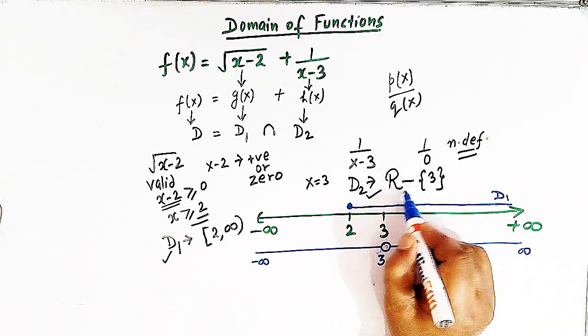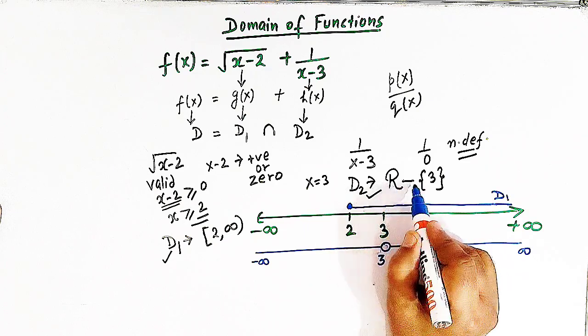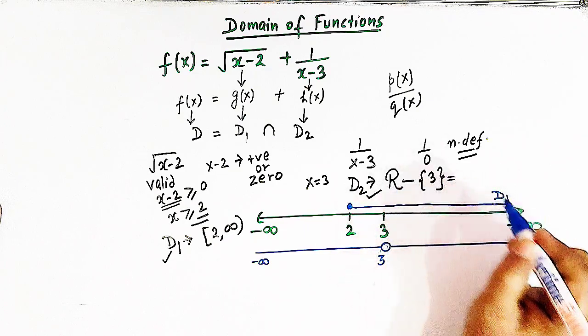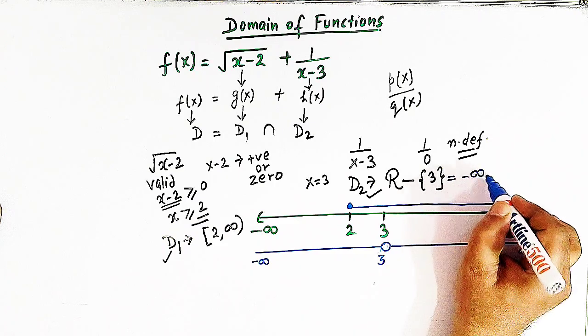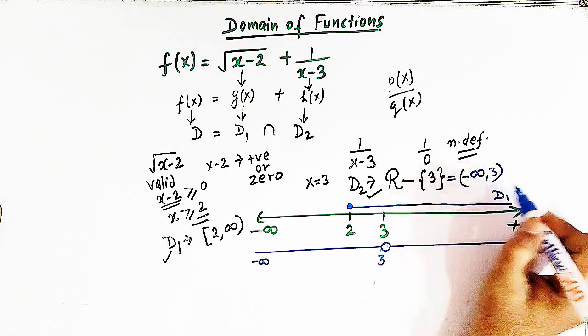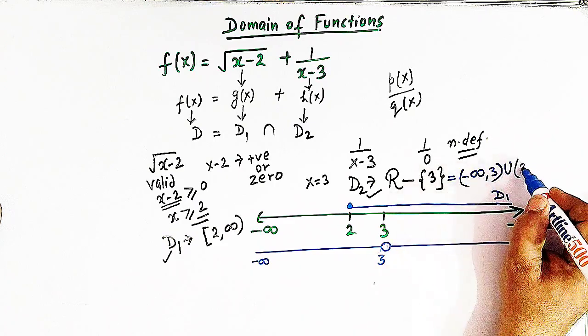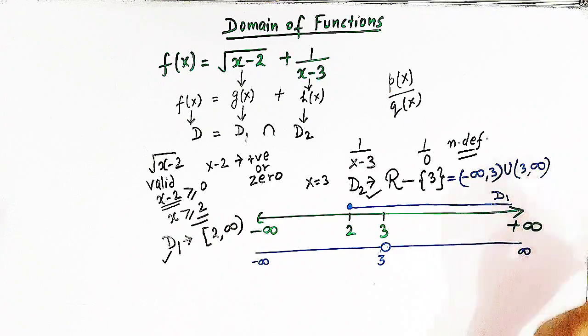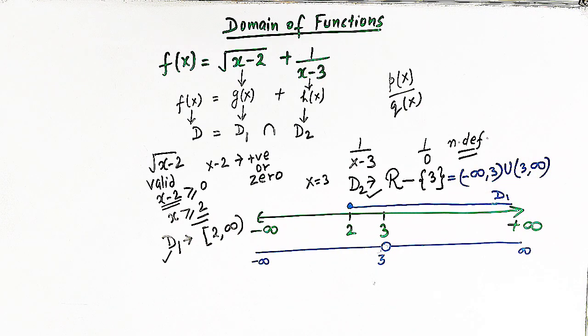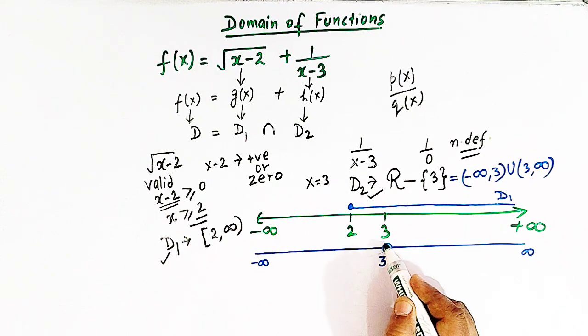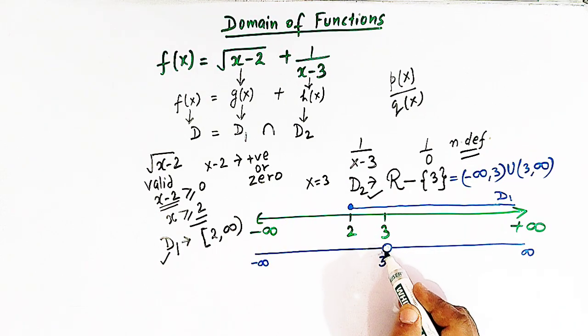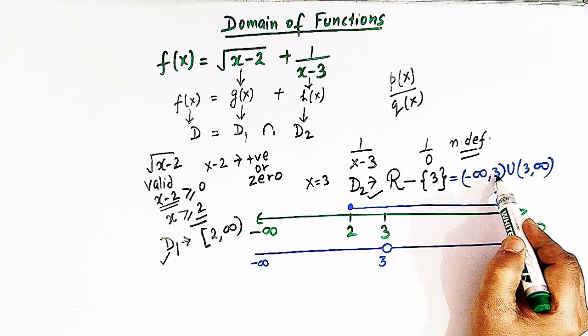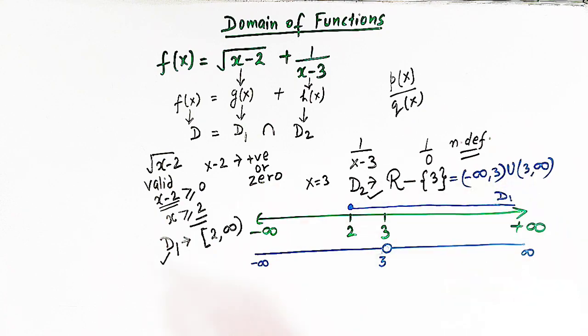So R minus 3 can also be written as the interval minus infinity to 3, union 3 to infinity. Here the circle signifies that 3 is not included.